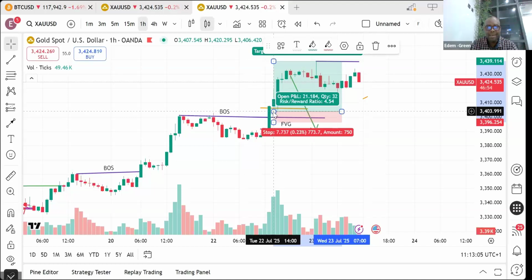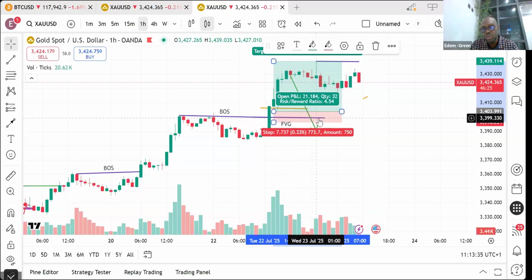You can put it like this, and then take your entry slightly below the premium high band. Okay, you can take your entry slightly below the premium high band, and I will explain why.